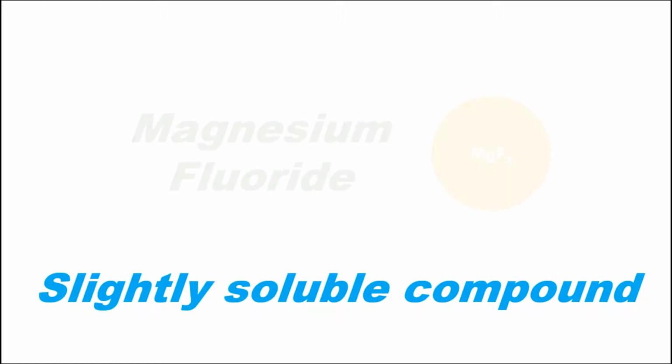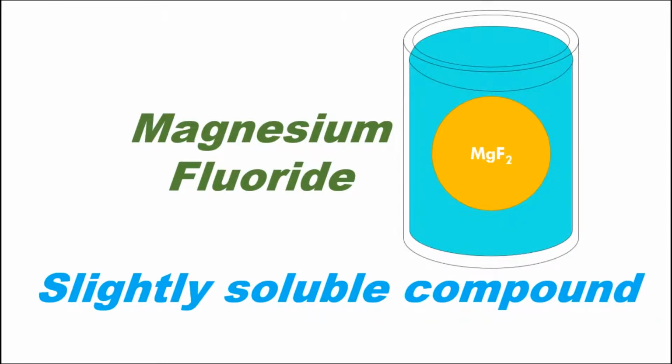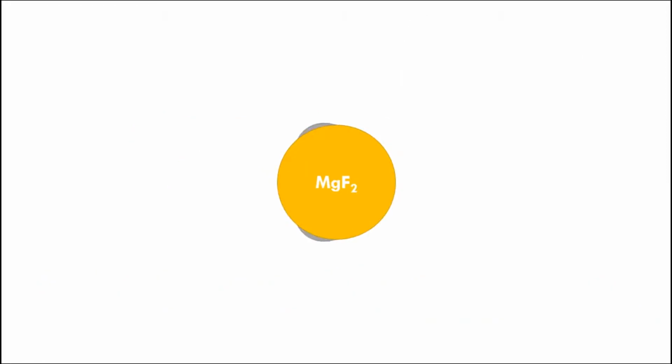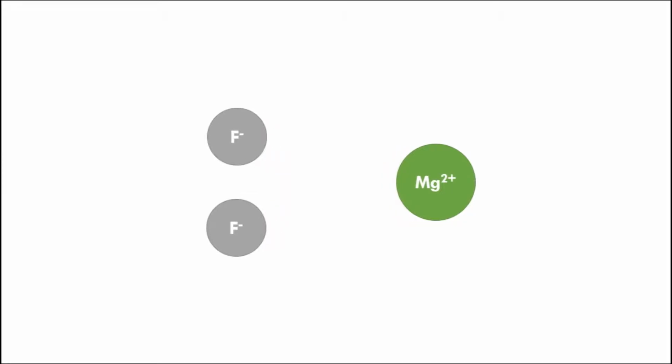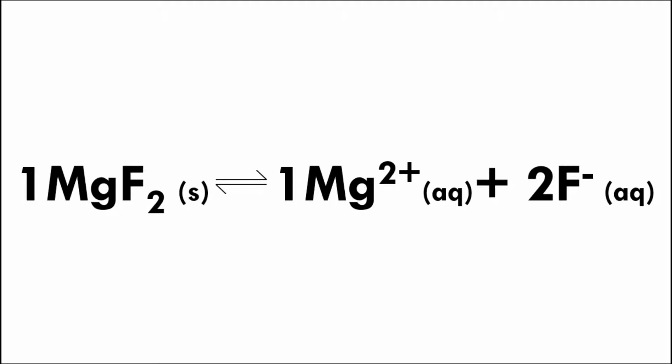Suppose we will dissolve another slightly soluble compound, magnesium fluoride, in an aqueous solution. Because 2 fluorine ions will result for every molecule of magnesium fluoride, we can write the KSP expression as shown. Since the ions came from the same solid, we can say that their coefficients in the equation are also the ratio of their concentrations.